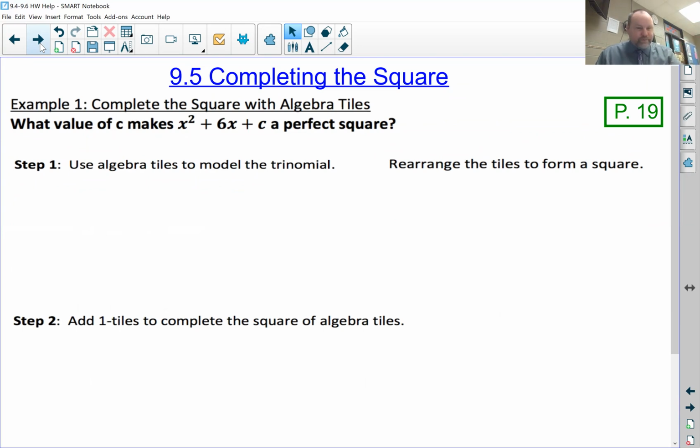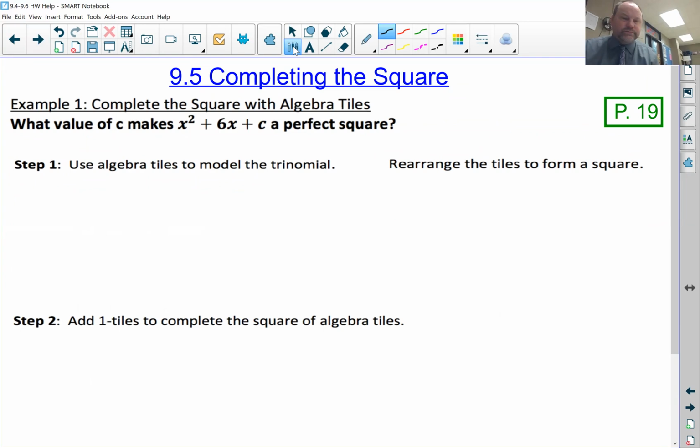But I will remind you that when you're completing the square, if we're solving an equation by completing the square, the first thing we're going to do is subtract that c.